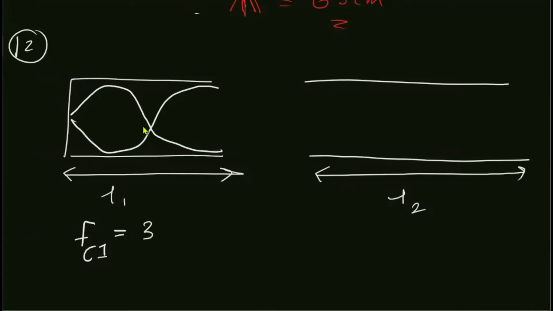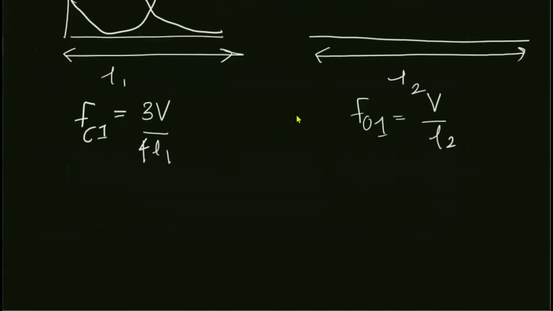So we know it is 3v over 4L1, the first overtone of the closed pipe. The first overtone of the open end tube is v over L2.